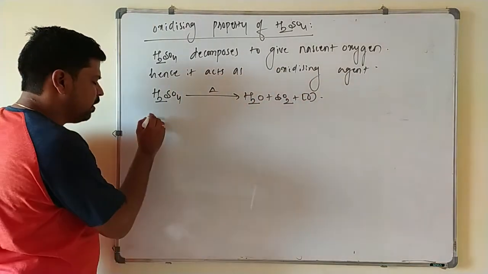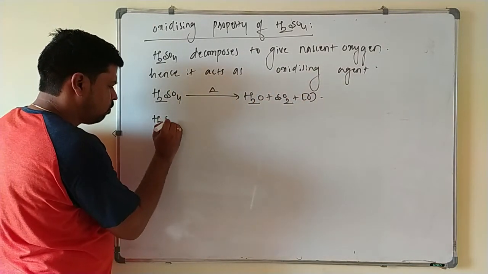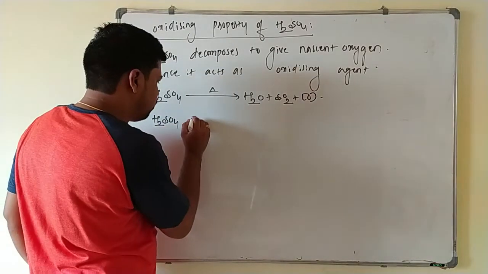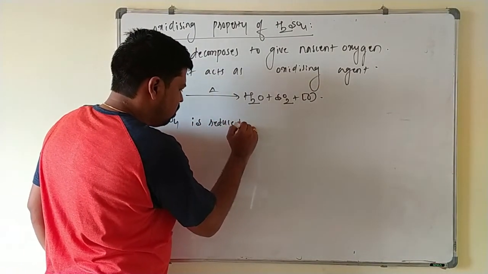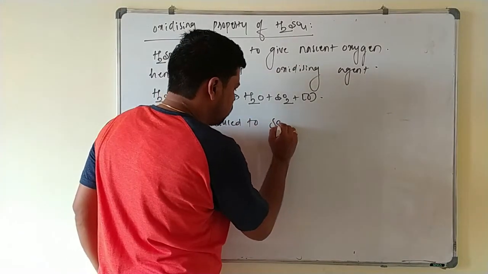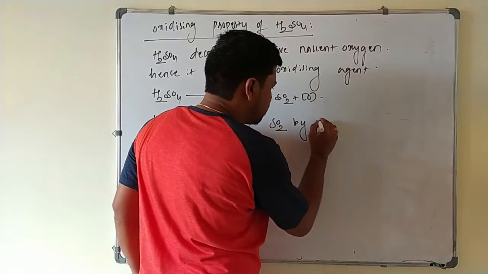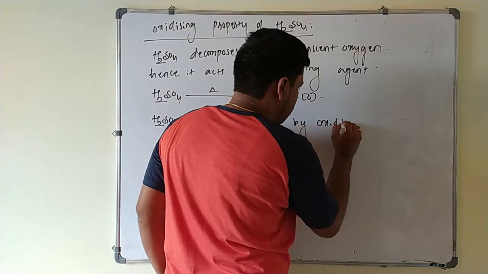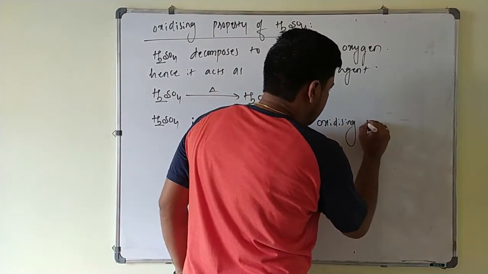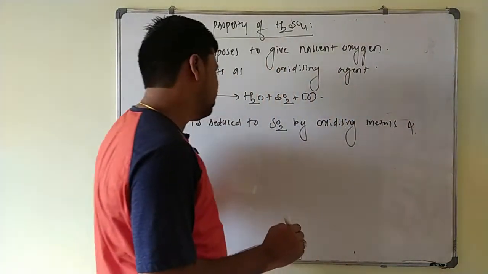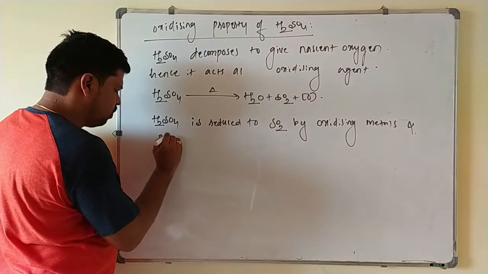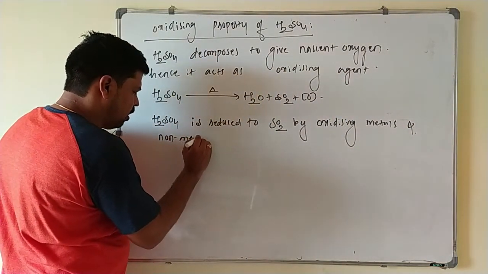SO2. So H2SO4 is reduced to SO2 by oxidizing metals and non-metals. It oxidizes both.